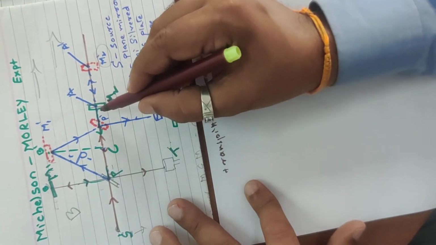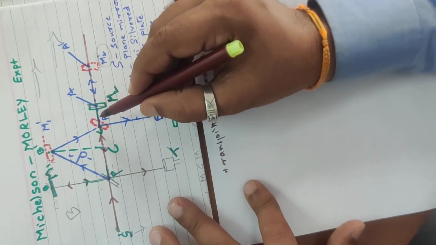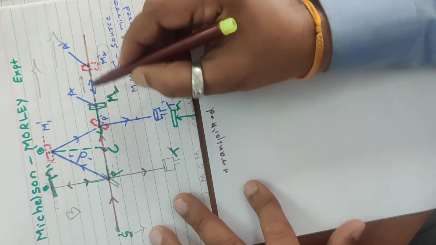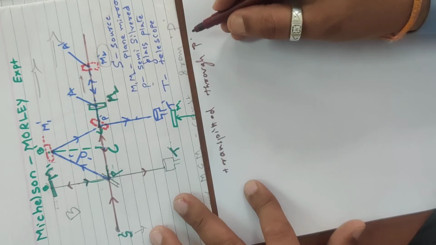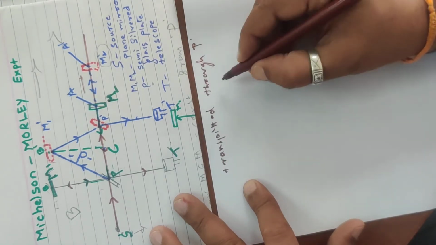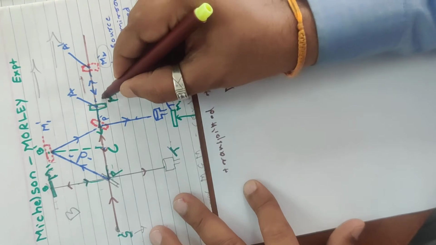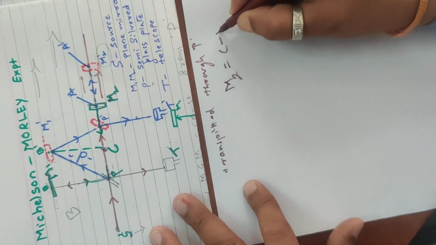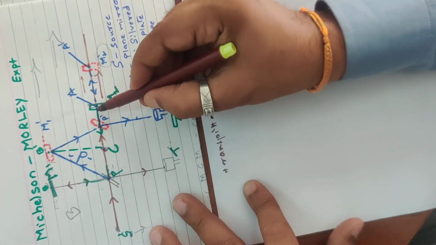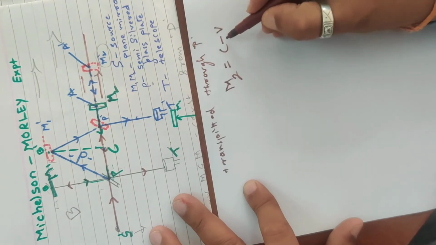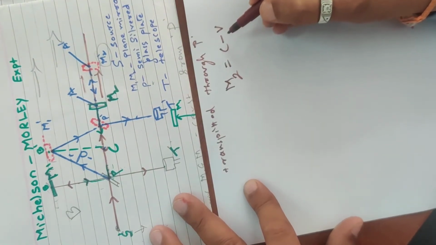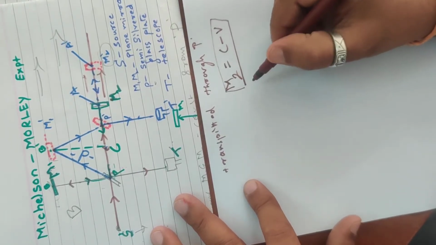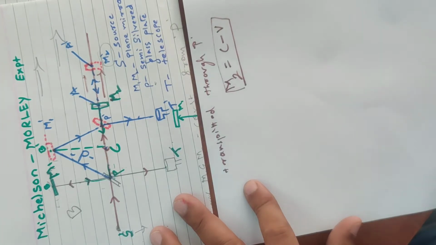So as the ray of light is moving toward the C, the M2 is moving away with the Earth. So M2 is a mirror located on the Earth, and the velocity of the mirror M2 will be c minus v. Got it?